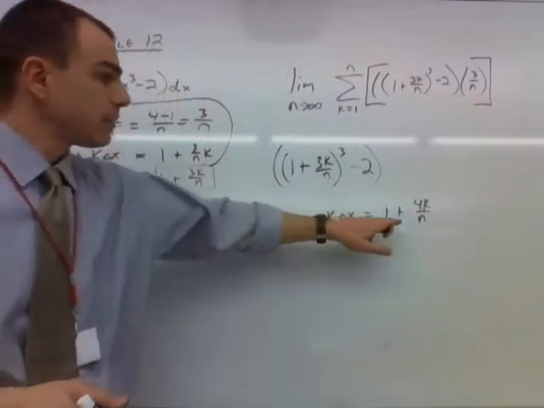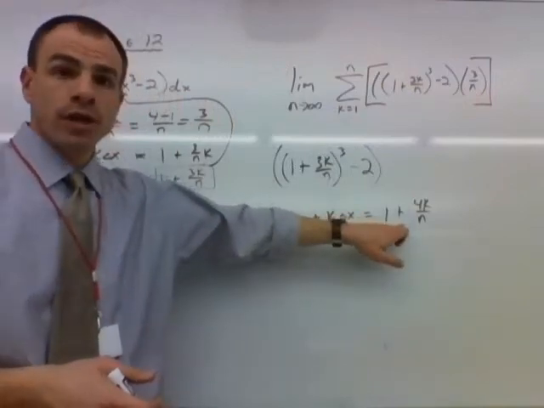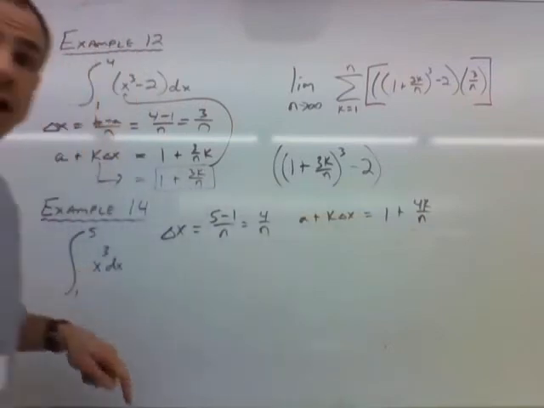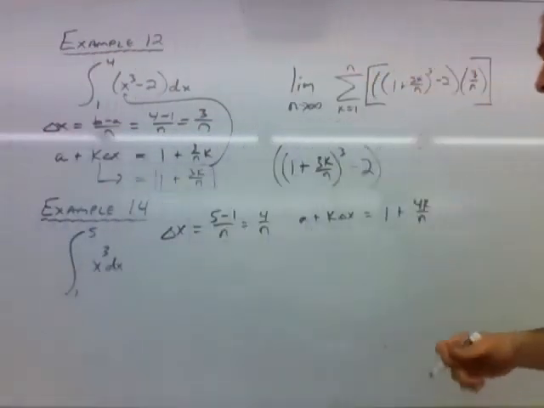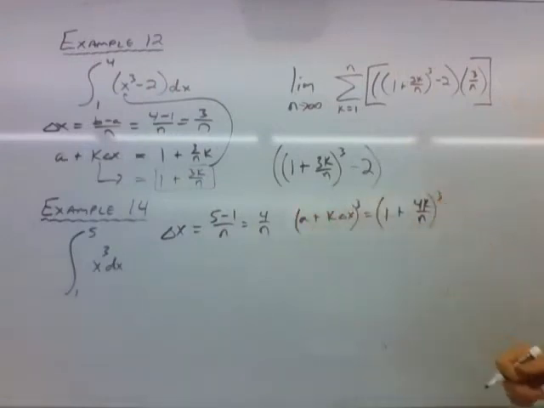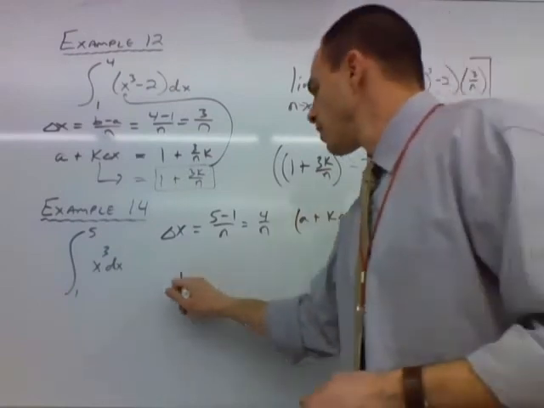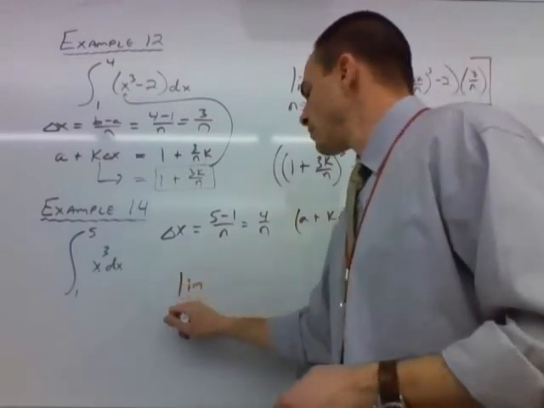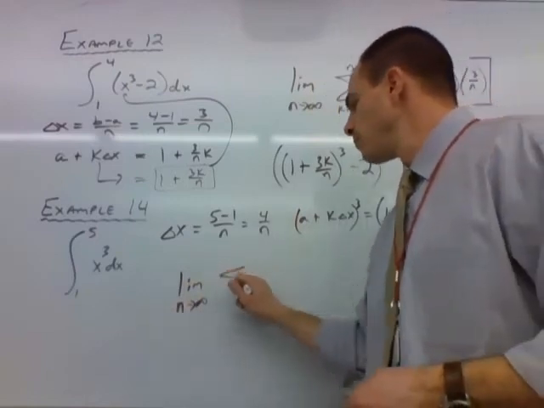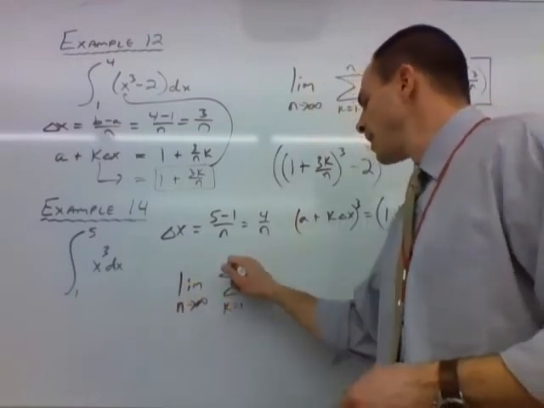We do need to take this 1 plus 4k over n, and we need to plug it into the original function, which we see we're just cubing. So we're basically just doing this. We're just cubing. And now that we have that, we can write our limit. So the limit as n approaches infinity of the sum as k goes from 1 to n.